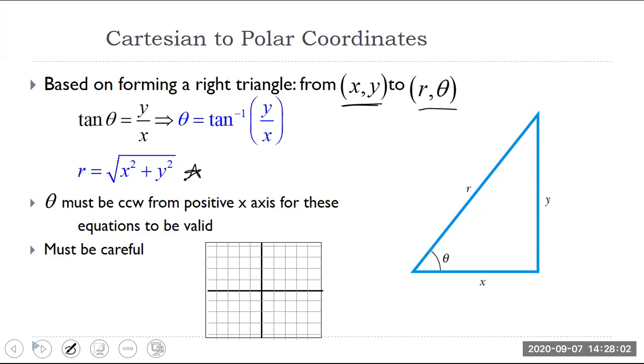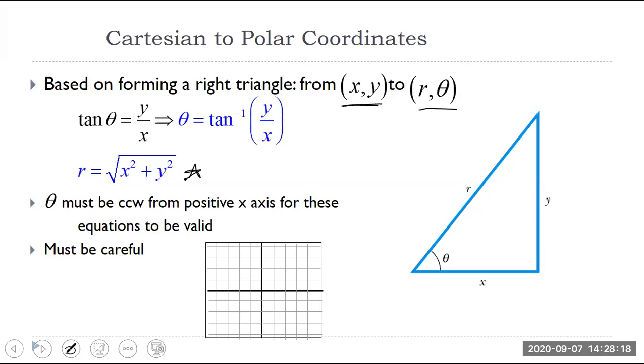It'll definitely go 0 to 90. Will it give me an angle in the second quadrant? No. Will it give me an angle in the third quadrant? No. It can give me an angle in the fourth quadrant.